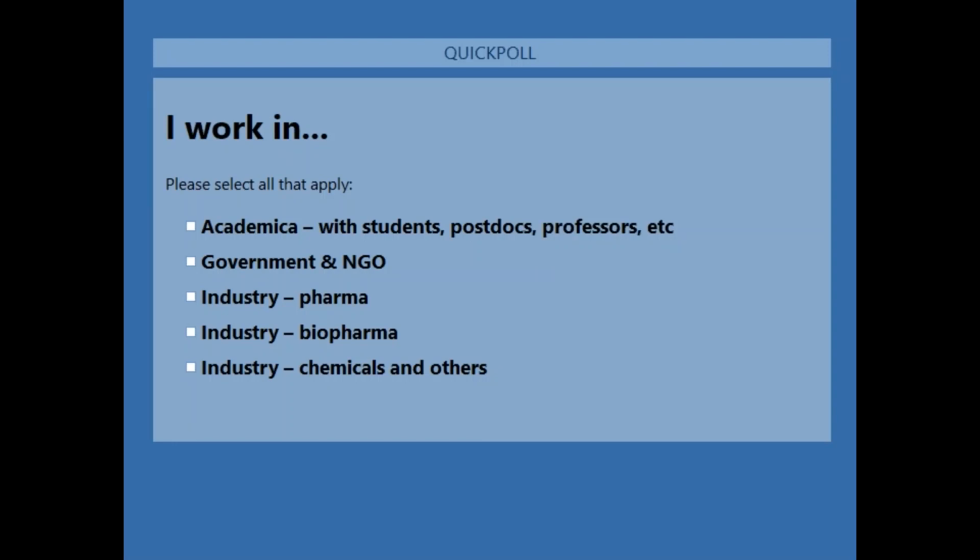Are you in industry? And if you're in industry, is that pharma, biopharma, chemicals, and others? So we'll give you a short while to vote, so we really get to know who it is who's here today. That means we can tailor the content appropriately, make sure we get the right sorts of questions out there. We're going to make sure we've given you plenty of chance to vote, so we get a real flavour for who you are. And we will then share the results.